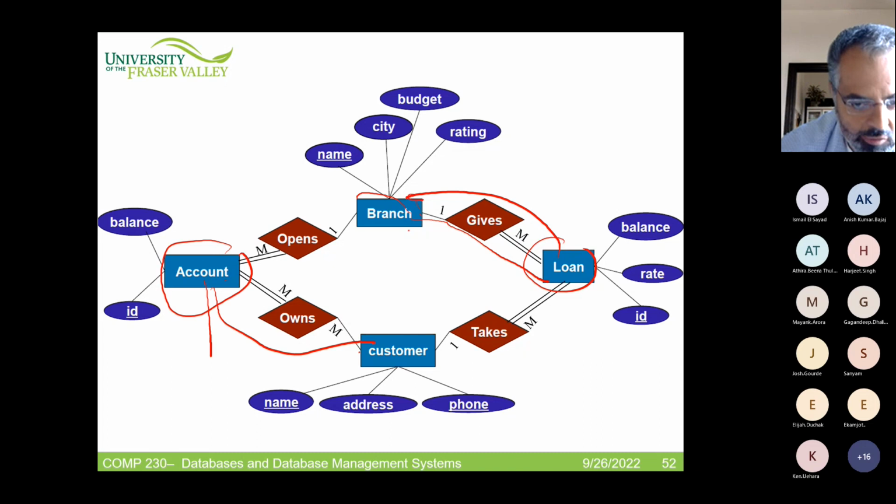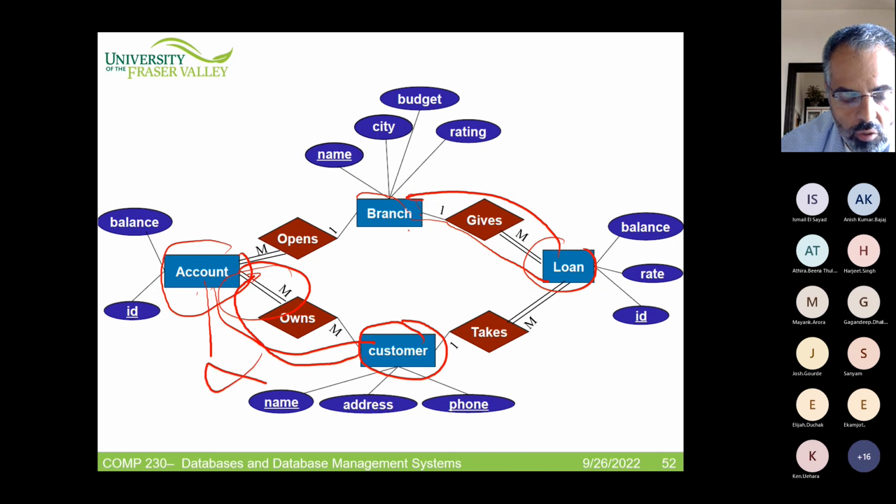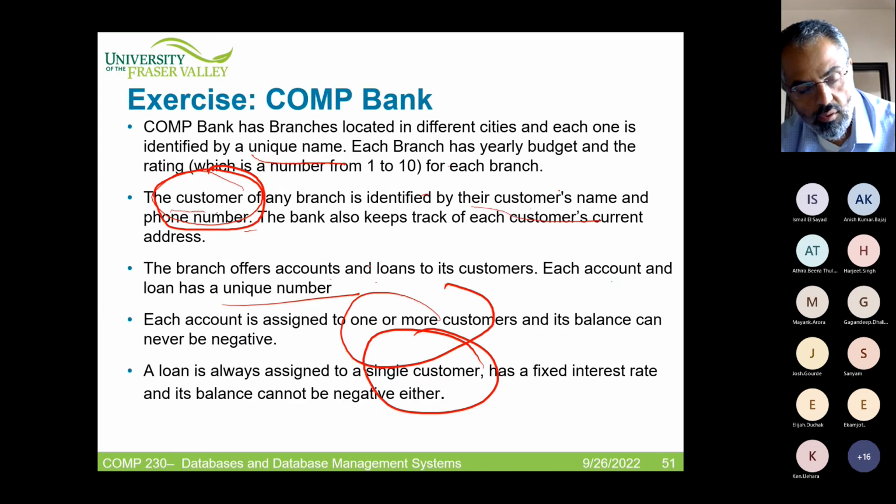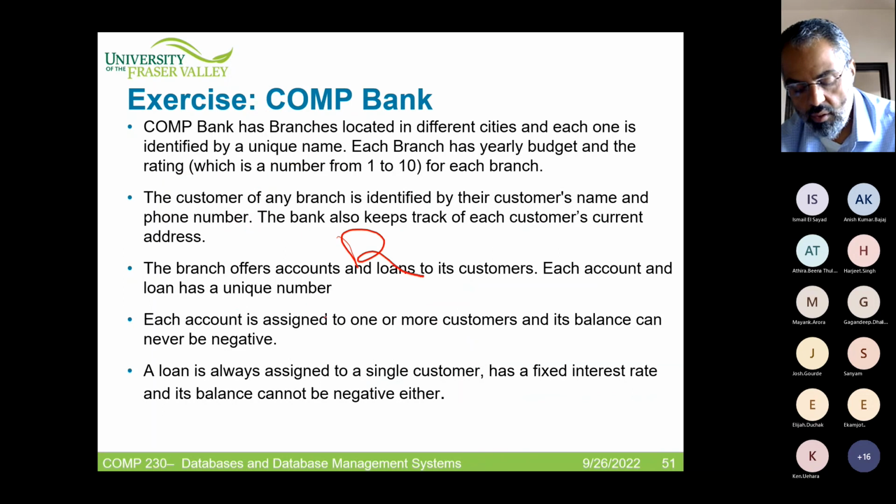There is no account without a customer, so full participation. But maybe you have a customer that no longer has an account because they closed all their accounts. In this case, it is partial participation. This is our ER diagram based on this requirement.